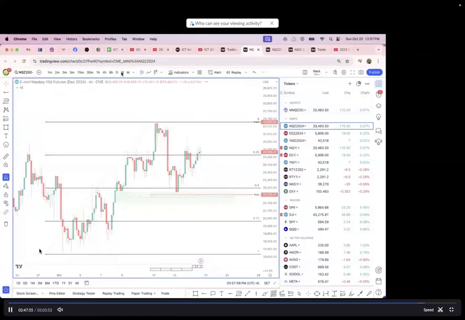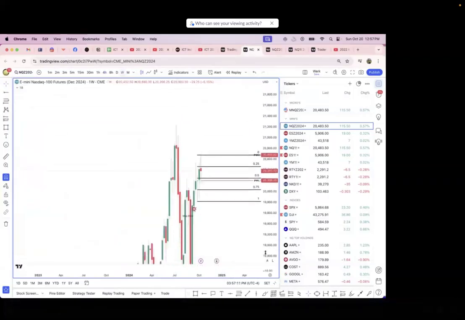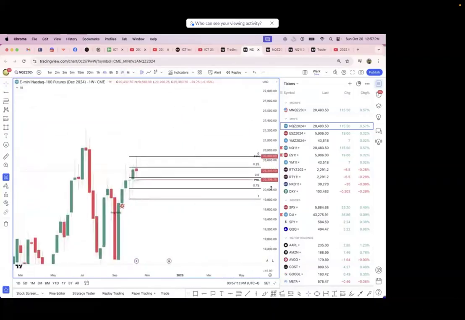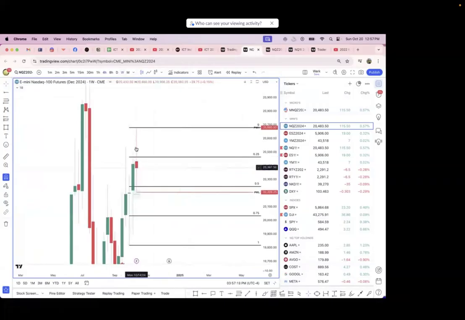Well, so the question is where is the weekly candle likely to be drawn to? And using what we talked about, as far as our daily bias, I'm kind of using that for the weekly chart.